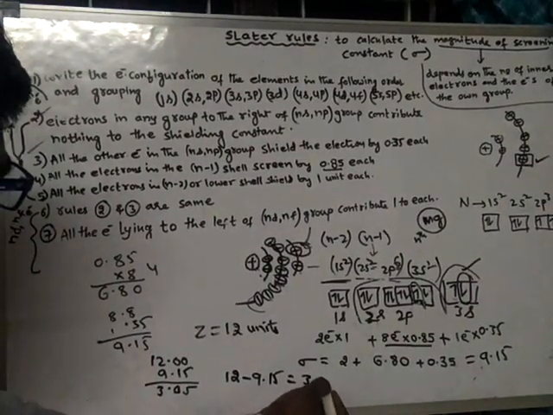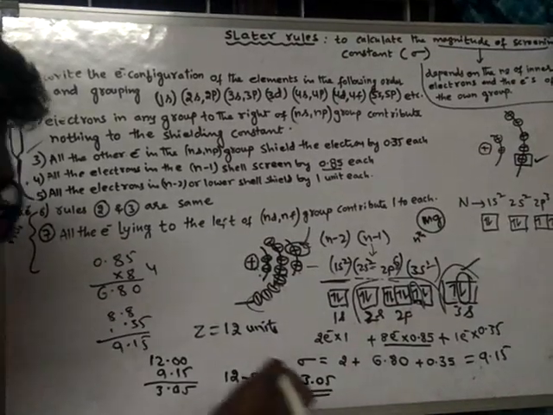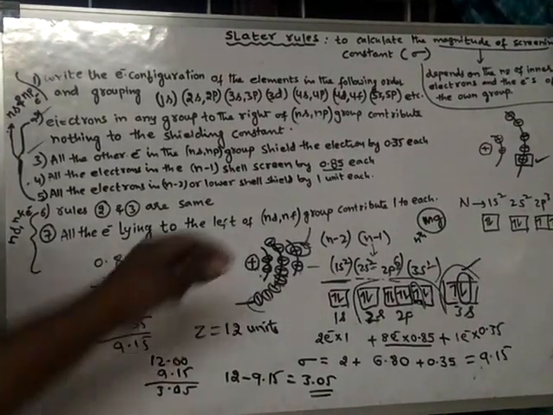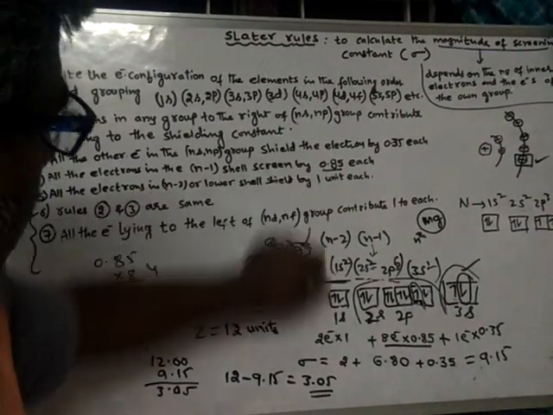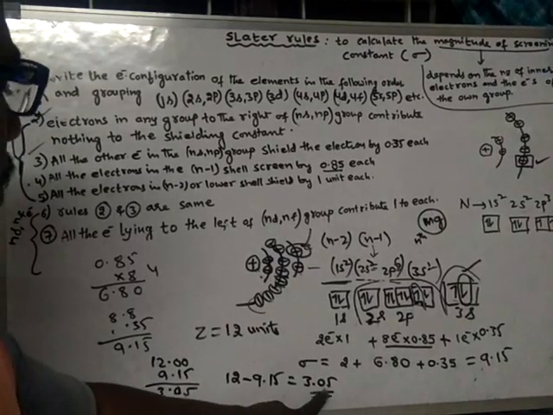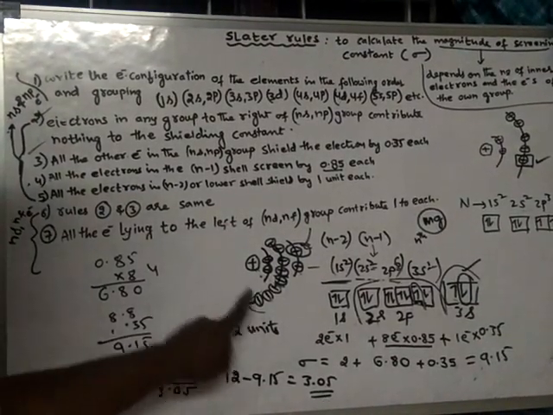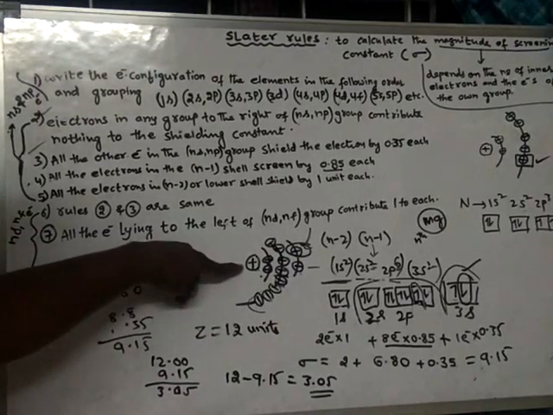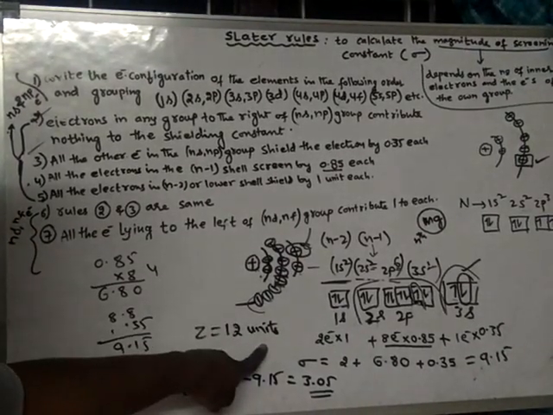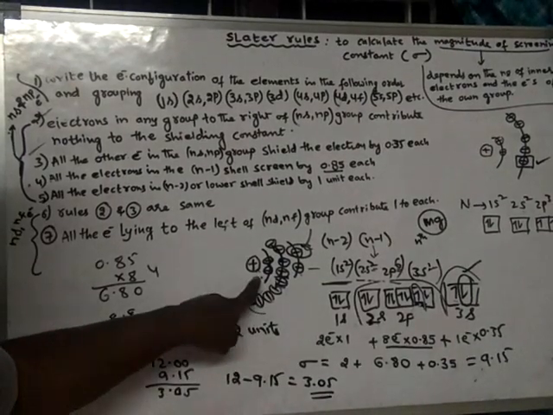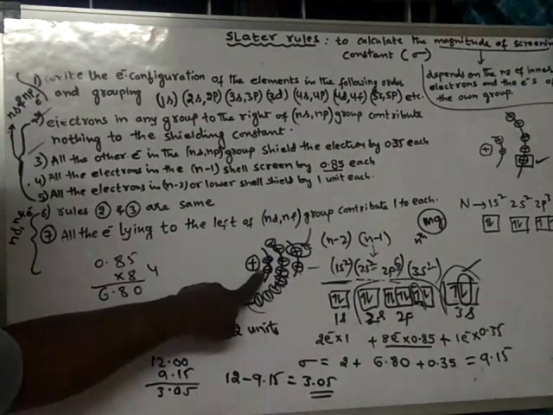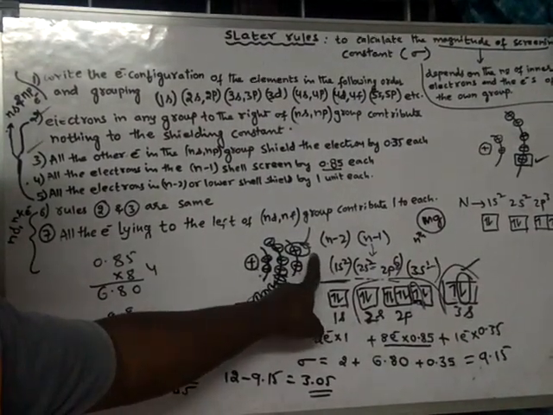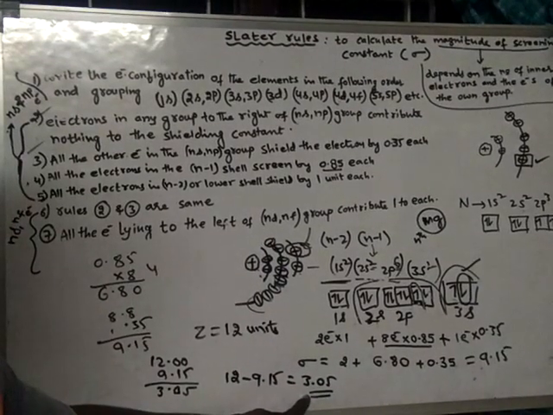Only 3.05 units the nucleus is showing. That means this electron is experiencing only 3.05 units of force of attraction by the nucleus. The nucleus is trying to pull this electron by 12 units, but the actual force of attraction experienced by this electron is only this much.